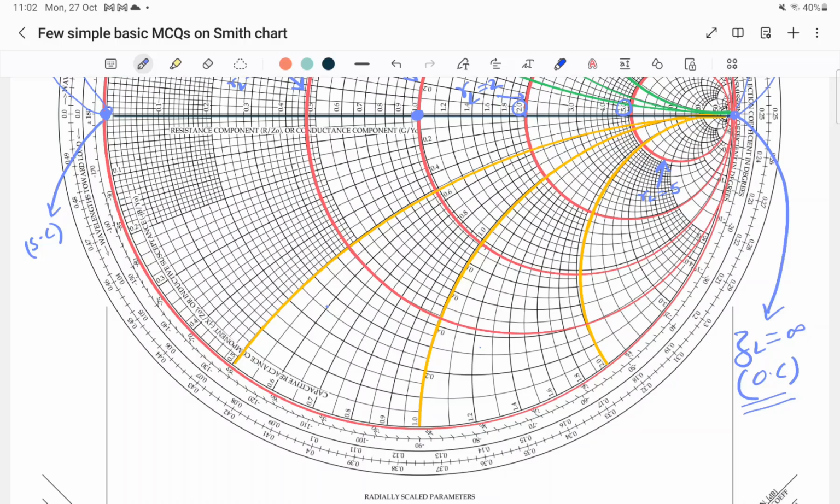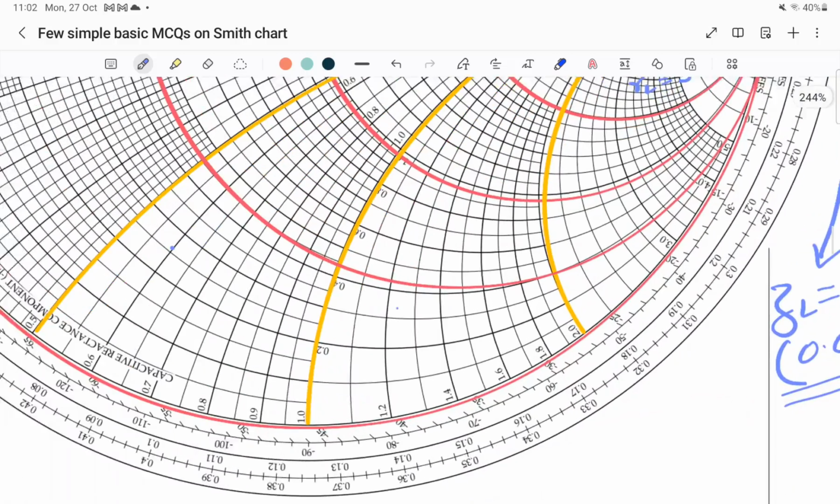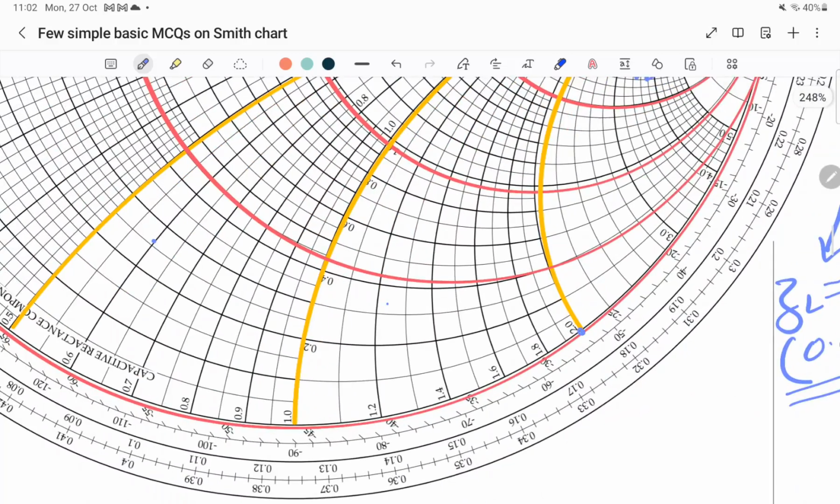The smaller the radius of the circle, the larger the value of the reactance. So if you see here, this particular value is 2.0 and this is 1.0. So this circle can be written as XL equal to minus j2.